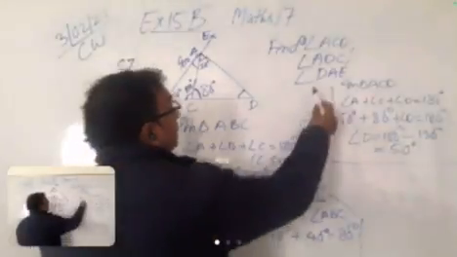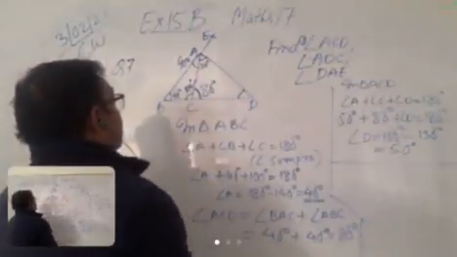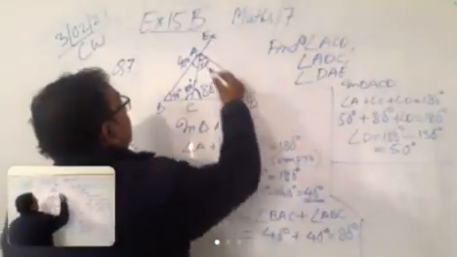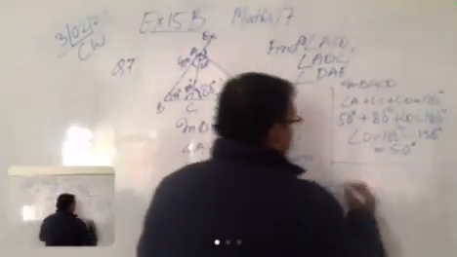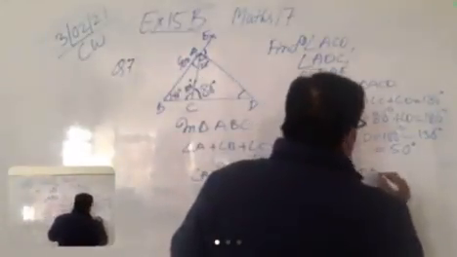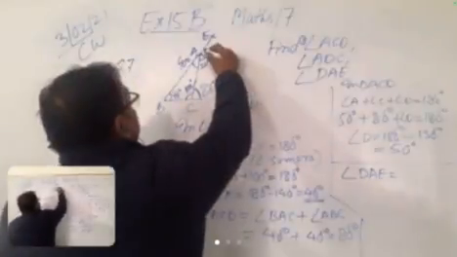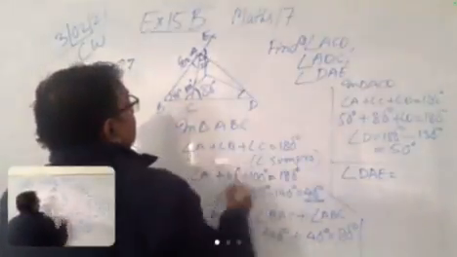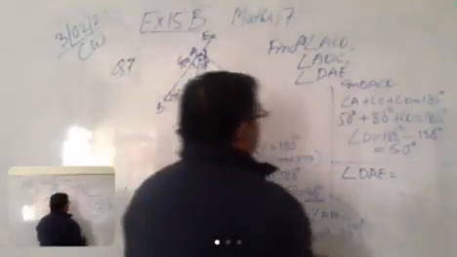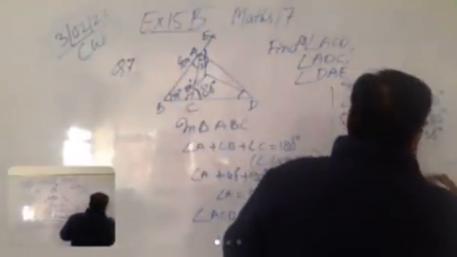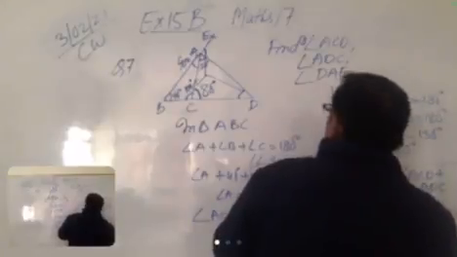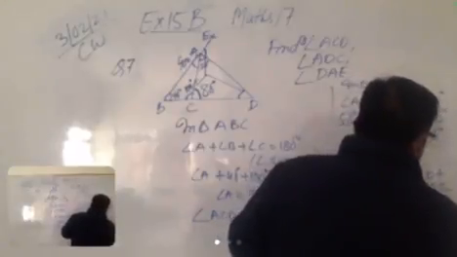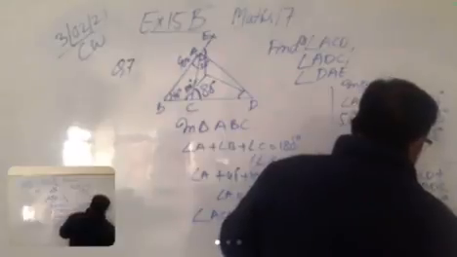Now we have to find the DAE. Angle DAE, this one. So you can use the exterior angle property. Angle DAE is equal to, see, this is the exterior angle, the two interior opposite angles are angle ACD plus angle ADC, which is equal to 80 plus 50 degree, which is equal to 130 degree.